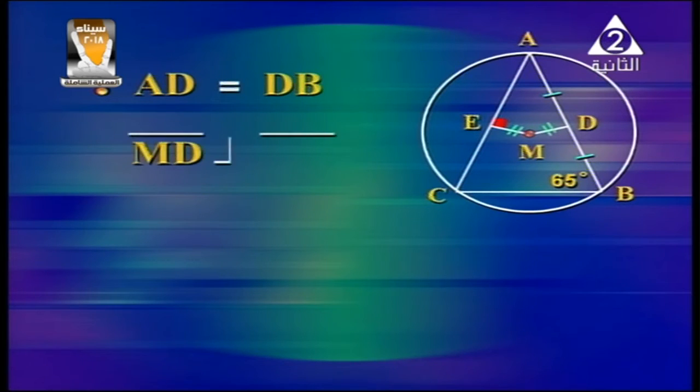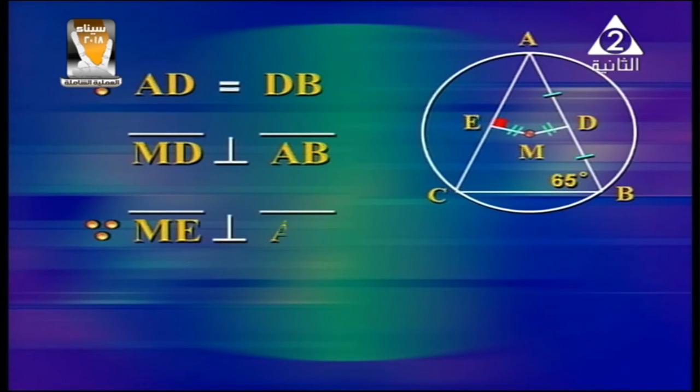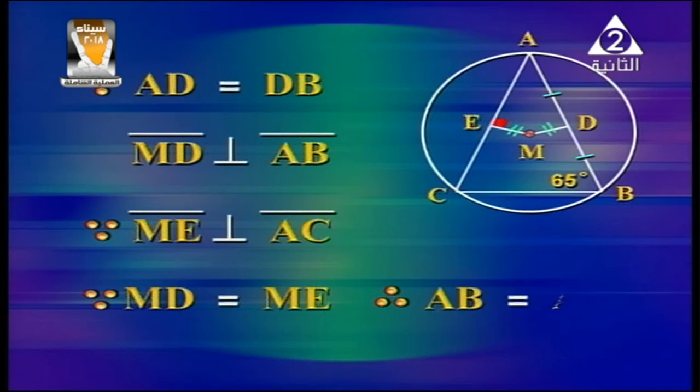So MD is perpendicular on AB. What about ME? It is perpendicular on AC. So MD equals ME. That's correct. Therefore, AB equals AC. Perpendicular distances are equal, so the lengths of the chords are equal.